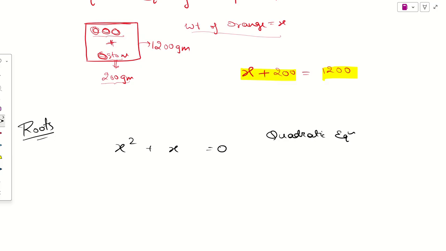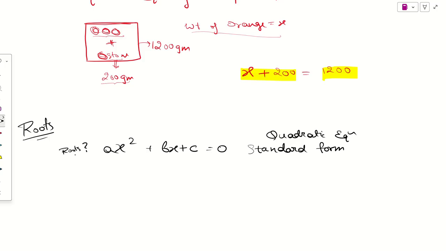And if I write this degree 2 equation with the coefficients a, b and c, it will be our standard form of quadratic equation.